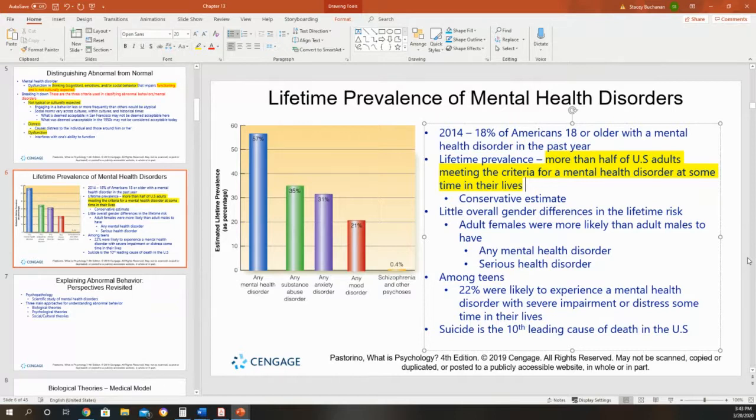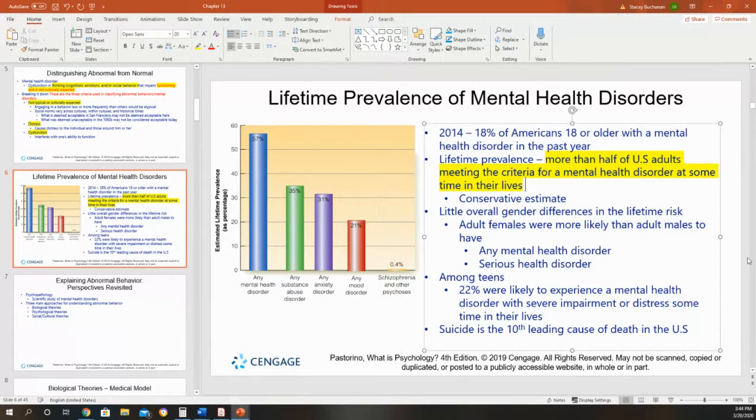disorder sometime in their life, and suicide is actually the 10th leading cause of death in the U.S. So I share those numbers with you to understand that in discussing mental health disorders, it's to kind of take the stigma away in a way, because over half, so 1 in 2 people will have the markers of a mental disorder sometime in their life.